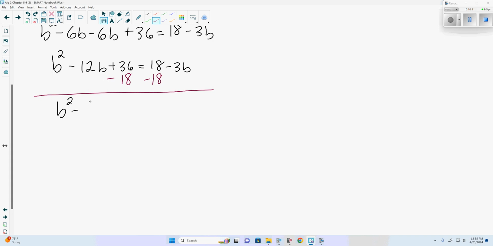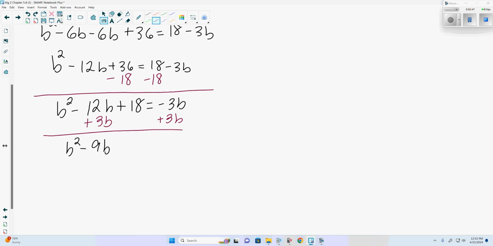So we have b squared minus 12b plus 18 equals negative 3b. Our next step would be to add 3b to both sides, giving us b squared minus 9b plus 18 is equal to 0.